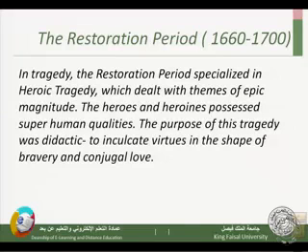The purpose of the heroic tragedy was didactic. Didactic means giving you some lessons to learn from, to inculcate virtues in the shape of bravery and conjugal love.